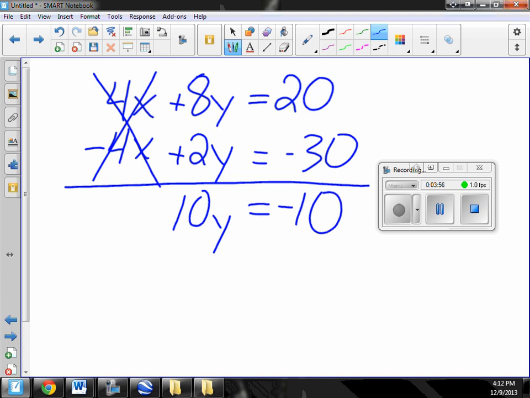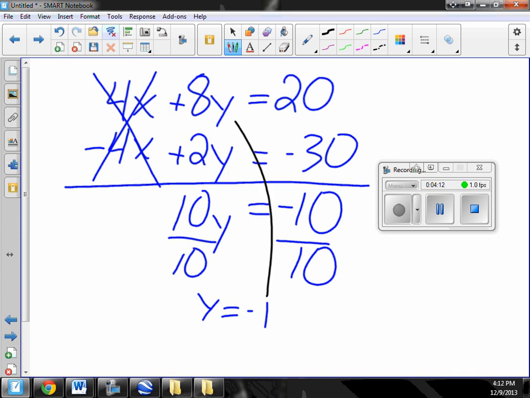So I divide by 10, and y equals negative 1. I need to take that negative 1 and plug it back into one of the other equations to find my x value. So negative 1 goes in there. 4x plus, or minus, so 8 times negative 1 is negative 8, equals 20.